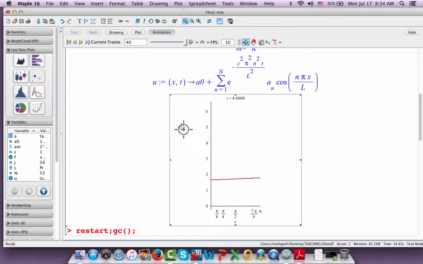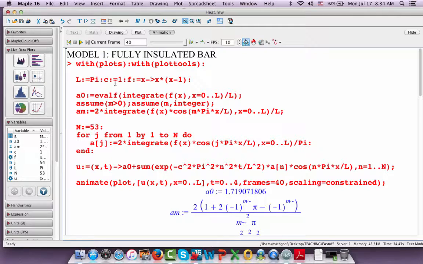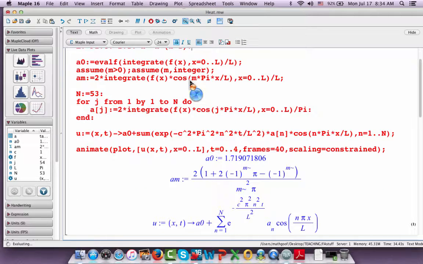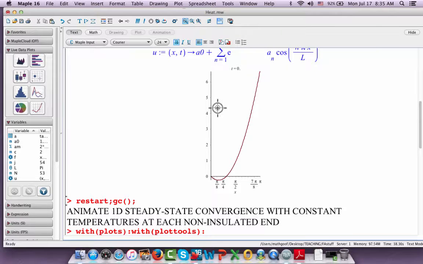Remember, changing the material of the bar just means changing the value of our constant C. So if I put in a larger value of C, like 2, that's going to slow the convergence. So now if we do this with this new bar with different material, the animation is going to be slower.